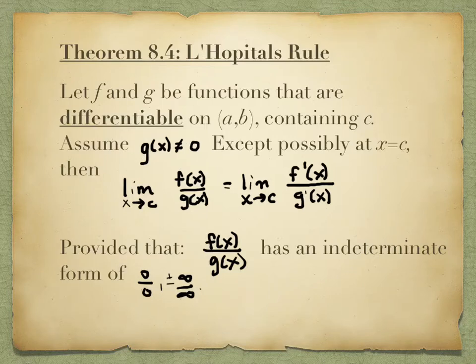All right, so f and g, if they're functions that are differentiable, what does differentiable mean? You can take the derivative, right? It just means you can take the derivative of it.